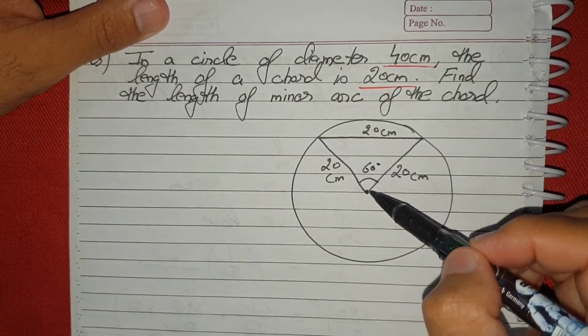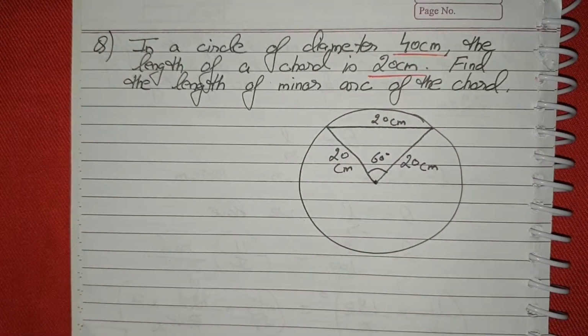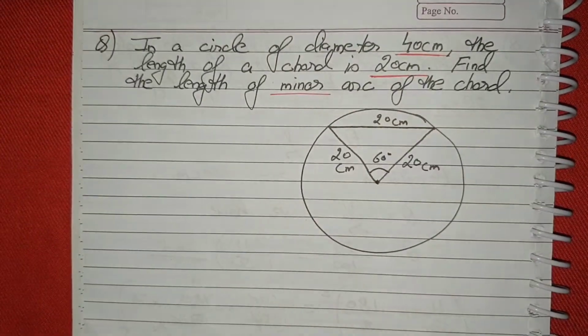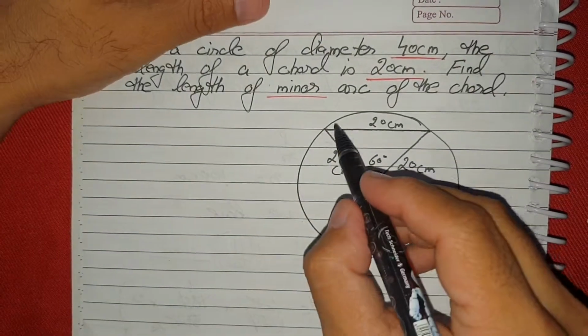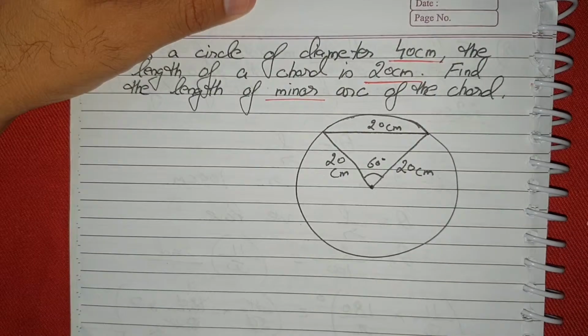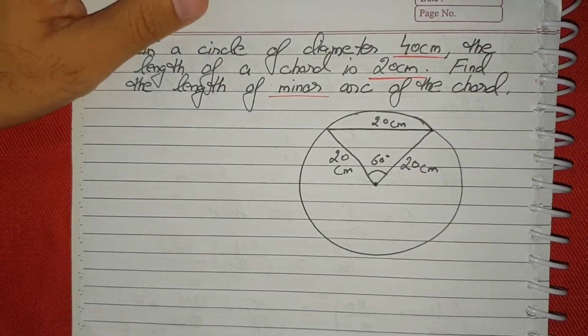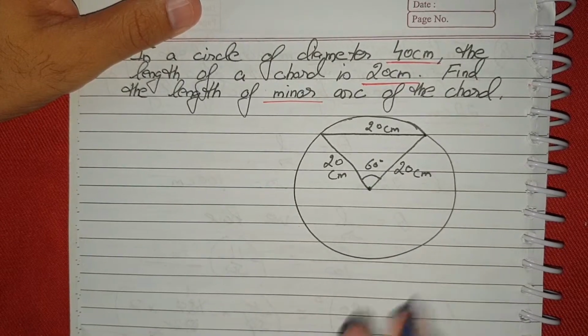Now considering this, you have to find the length of this minor arc. Minor arc will be here. This is the length of the minor arc. Now, by the formula, this is 60 degree. We have to convert this to radian.